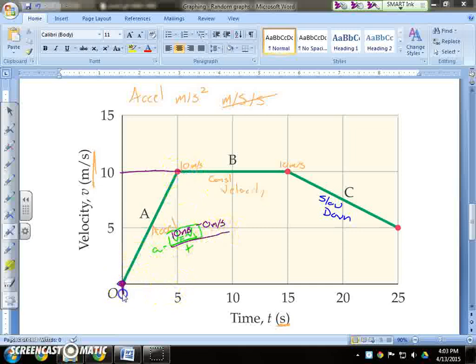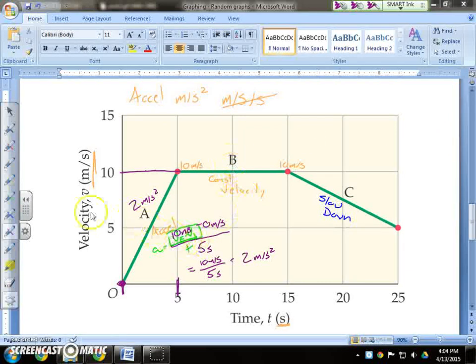Well, we went from 0 seconds to 5 seconds. So you're going to end up having 5 seconds. Throw all that in a handy-dandy calculator: 10 meters per second over 5 seconds. That'll give us 2 meters per second squared. So the acceleration for A is going to be 2 meters per second squared. Pretty decent acceleration.